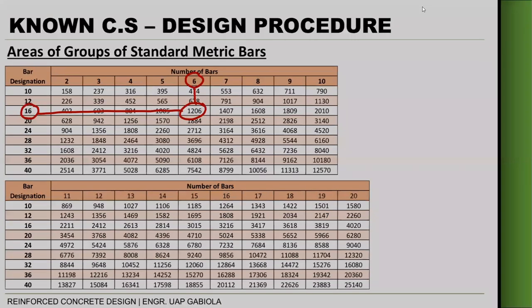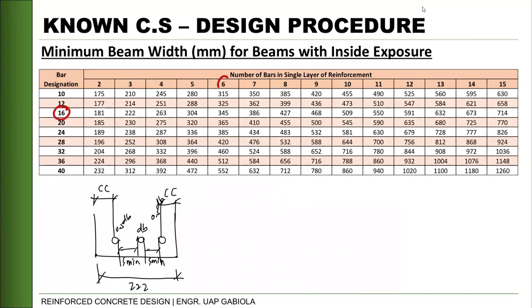For minimum width, the 6 pieces need 345 to fit, and our given beam is 400. Therefore, 6-16 is possible to use as our trial.